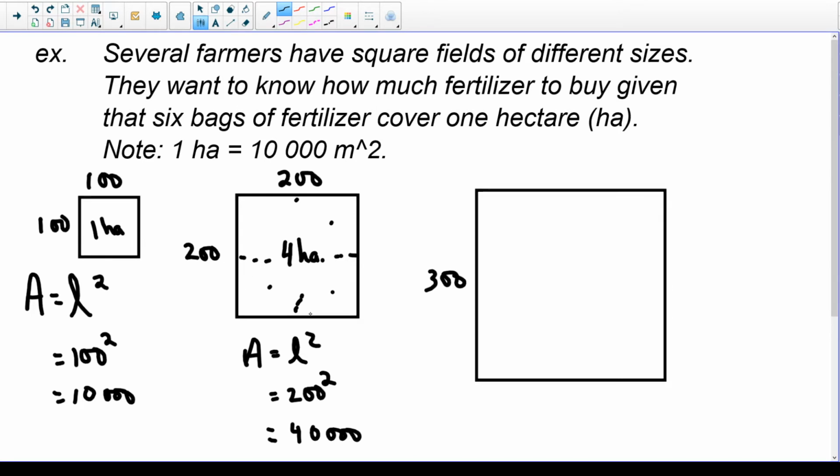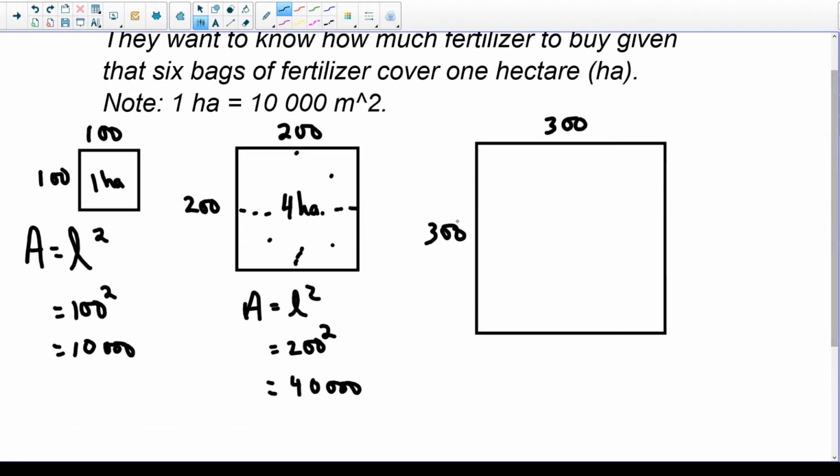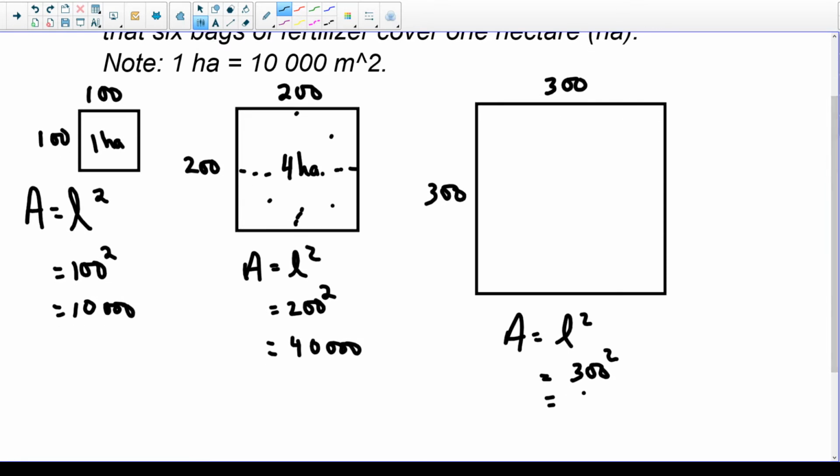Okay, so what would happen if the side length was 300? Well, 300 times 300 is 300 squared, and I'm hoping you can see that that would be 90,000 square meters.